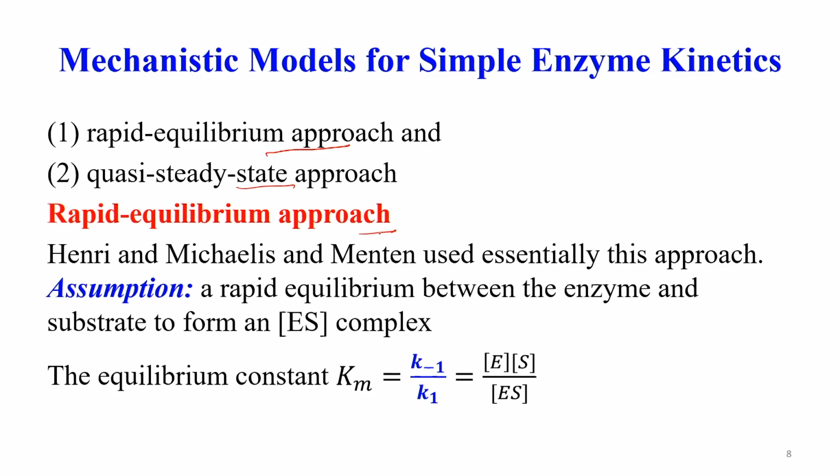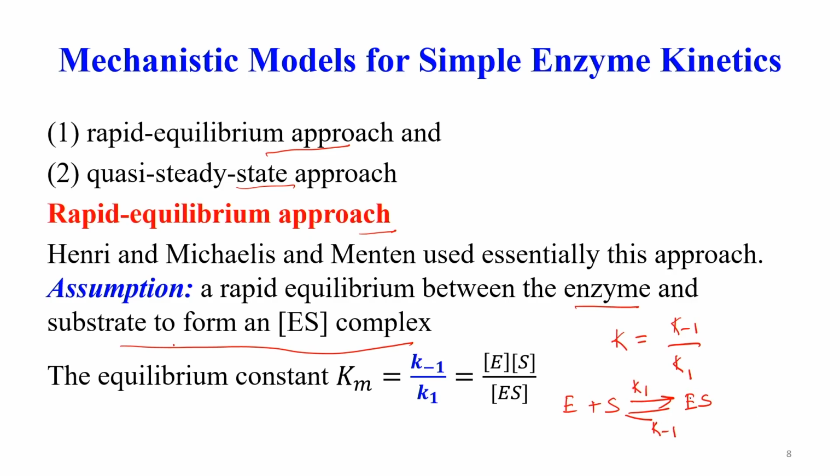So, it says there is a rapid equilibrium between enzyme and substrate to form the enzyme substrate complex. So, the equilibrium constant K equals K minus 1 divided by K1. If I write the equation once again here, E plus S, K1, K minus 1, ES.